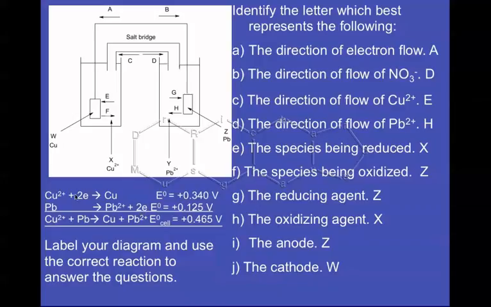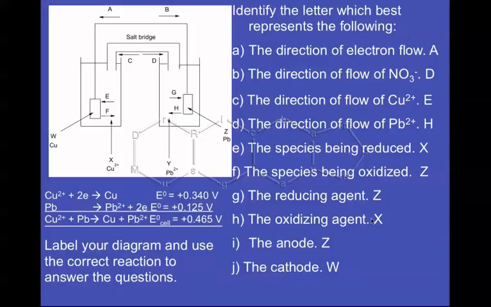These 2 electrons are the same 2 electrons the copper 2 plus is accepting to become copper. So the copper 2 plus is being reduced by the electrons which came from the lead. The reducing agent is the lead. Another way of looking at this, the reducing agent is always the species being oxidized. So that would be lead, which is Z right here.